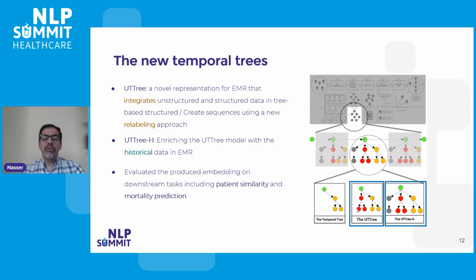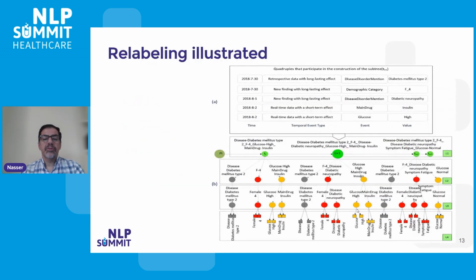And we evaluated the proposed method for two downstream tasks, patient similarity and mortality prediction. Here we can see an example of the relabeling, which is a key mechanism in our method. At the bottom, the lowest level of detail, we have detailed events or information extracted from the electronic health records, for example, being female, having a specific disease, having a specific level of glucose, and so on.